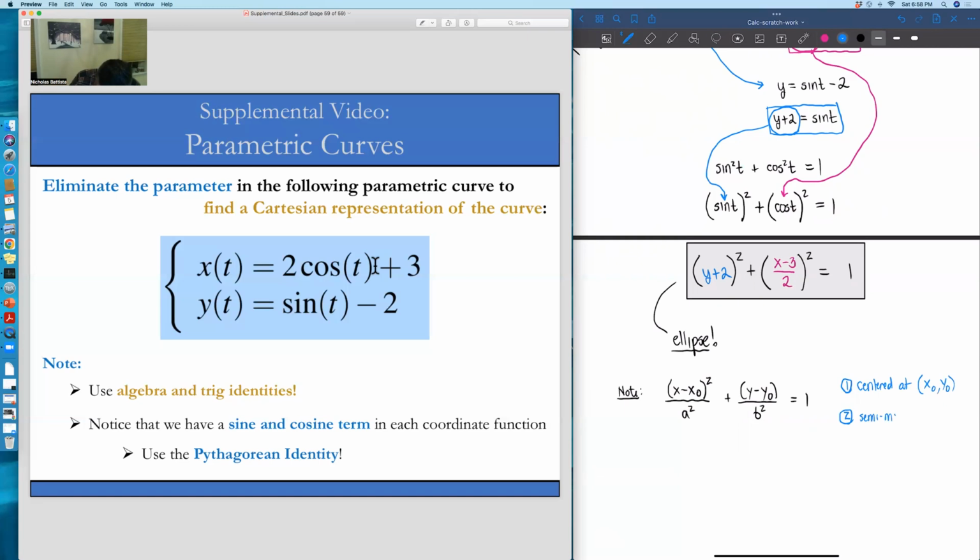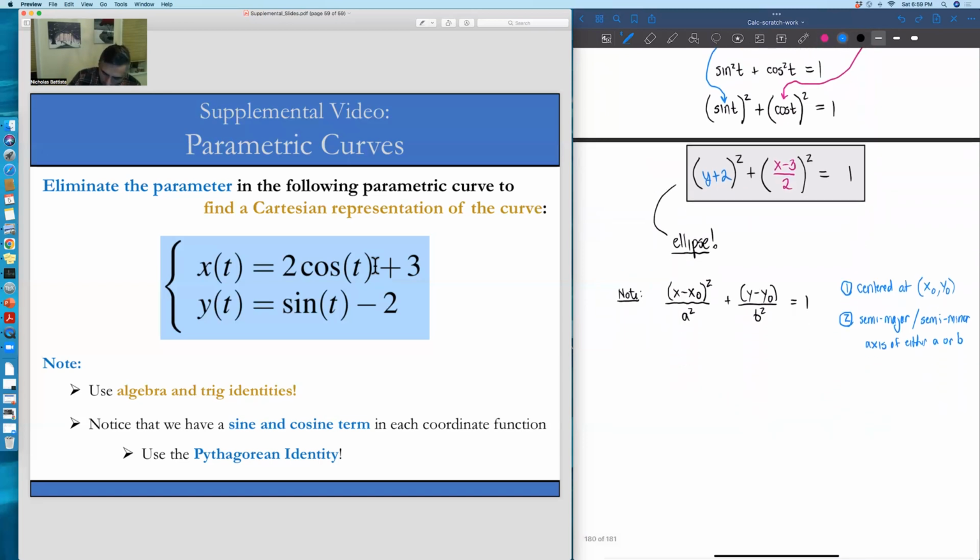Basically, the semi-major axis will be whichever is larger, a or b, and the semi-minor axis will be whichever is smaller between a and b. What you can note is it's a or b as the semi-major and semi-minor axes when we have those squared terms in the denominators.